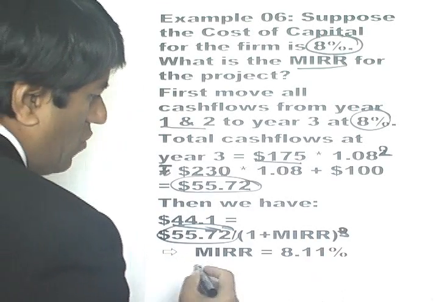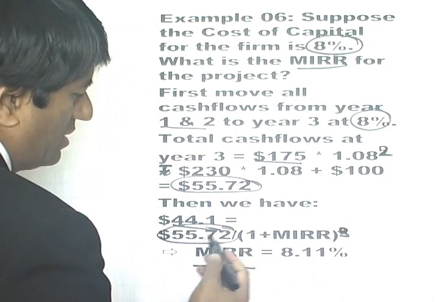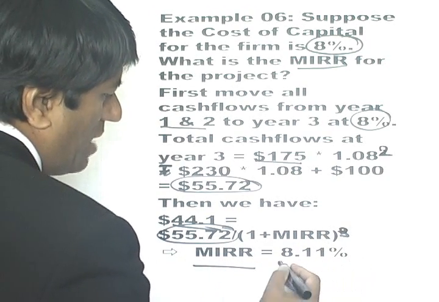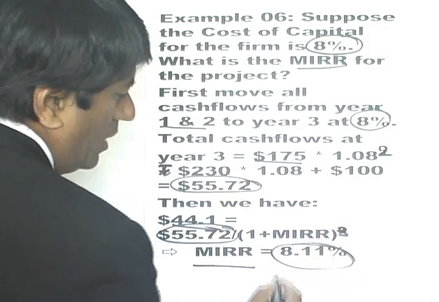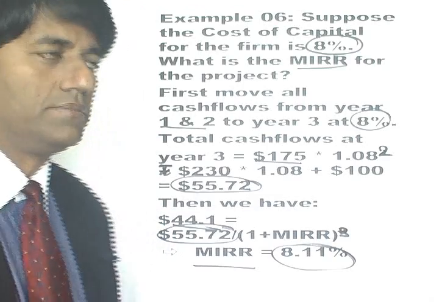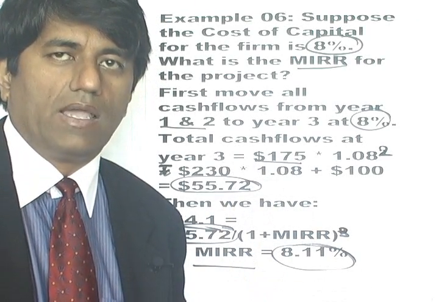So 44.1 equals 55.72 divided by (1 plus MIRR) cubed. When you solve it, you get MIRR equal to 8.11%. And that's a much more sensible number than the 42% which you had for the case of multiple IRRs.